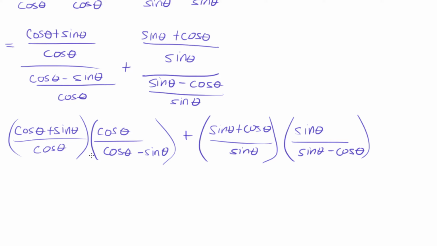Okay? Now, I usually tell my students to use the commutative property of multiplication. So take this denominator and flip it with this denominator. So I'm going to rewrite it again.